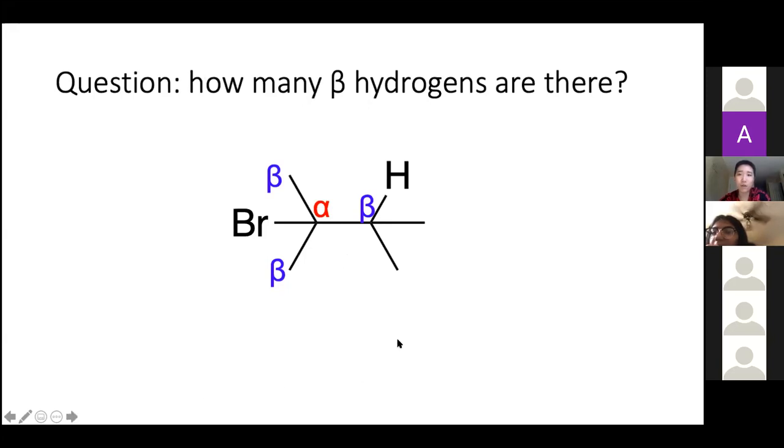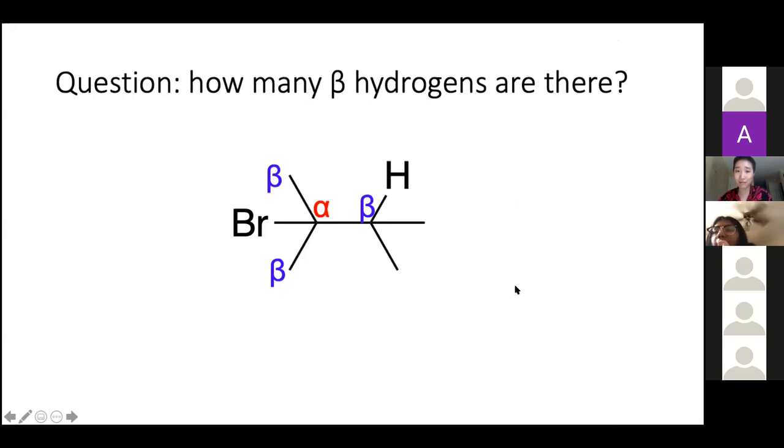So, question for all of you. How many beta hydrogens are there in this molecule that I've been using as the example? I'll give you a little bit of time and imagine drawing out all the hydrogens and identifying all the beta hydrogens. Is there 7?